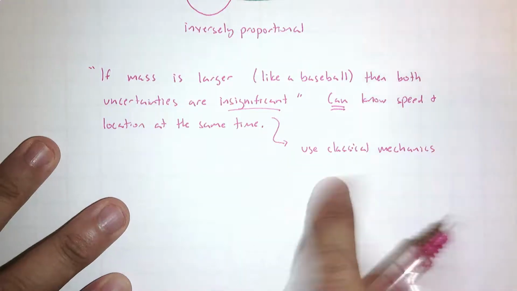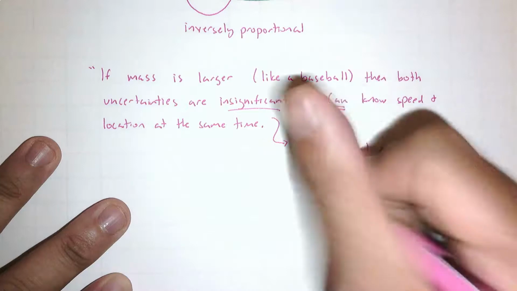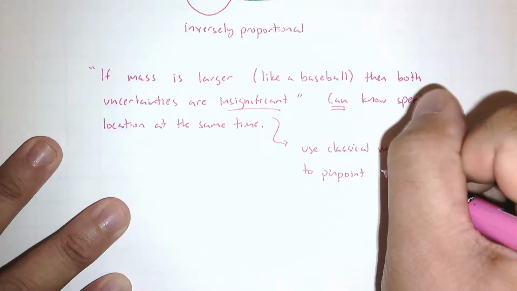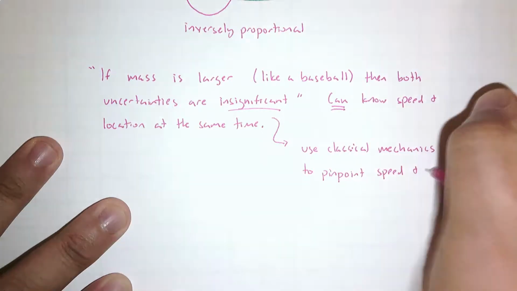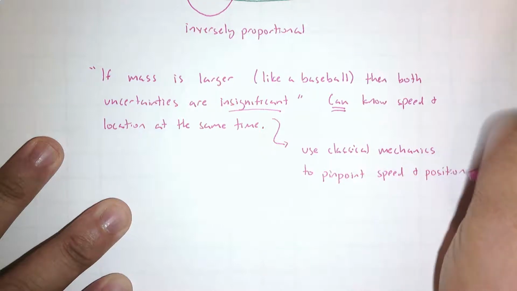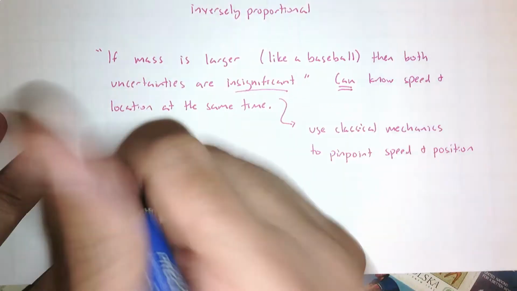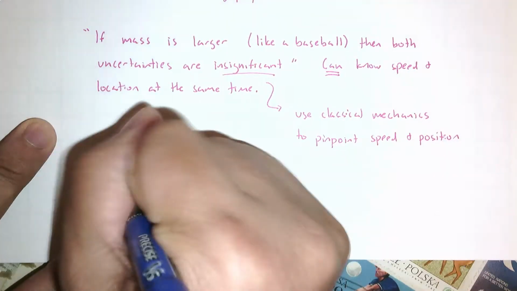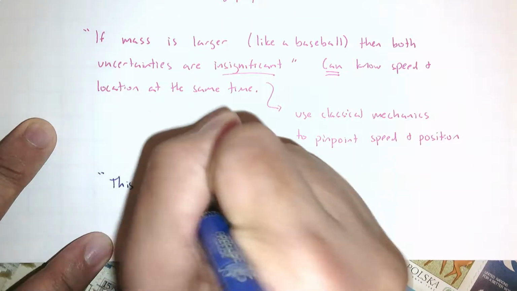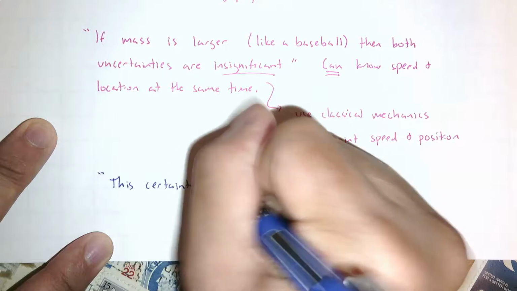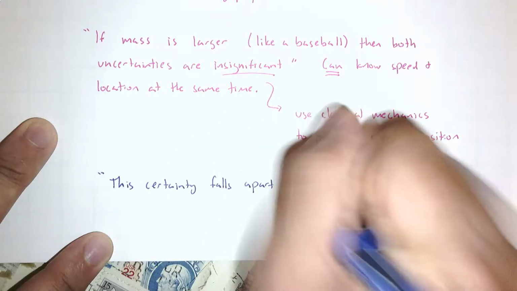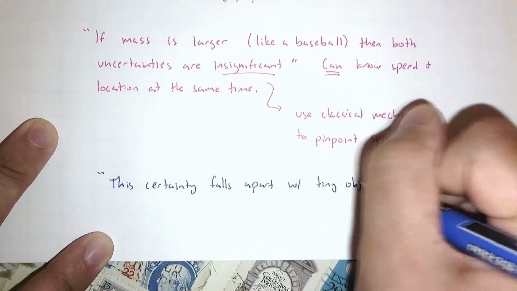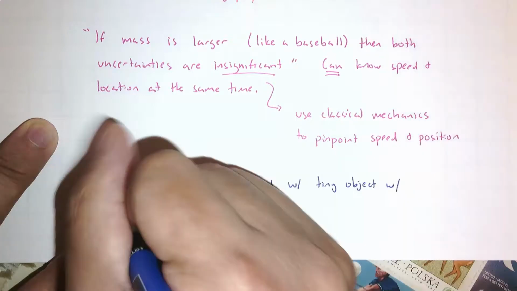So let me just finish my thought. Here you can use classical mechanics to pinpoint, say, speed and position. And then finally, this certainty, let's say, falls apart with very tiny objects with fast speed.